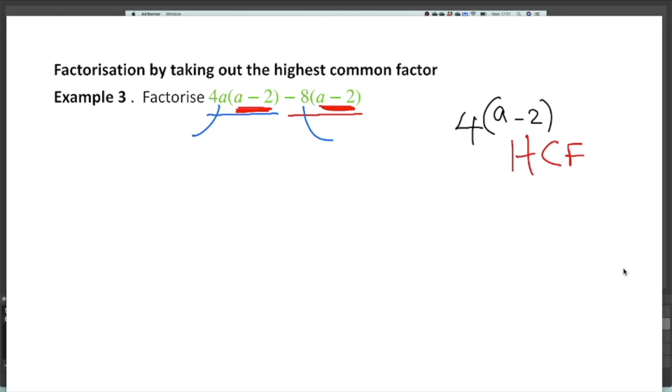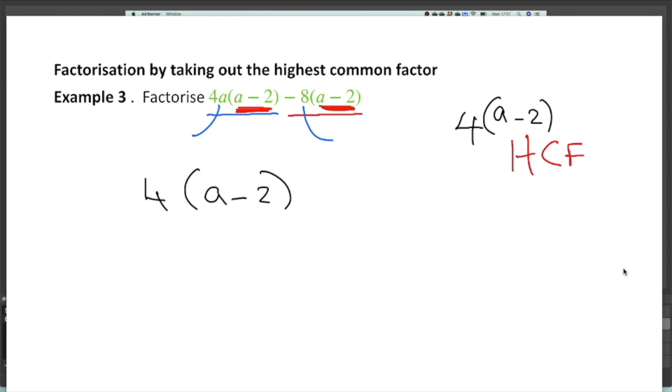So first of all, look for the highest common factor. Then write your highest common factor as it is out there. Now, this is one factor. You now need to find the other factor. Now, to find the other factor, you need to divide. Divide everything by the highest common factor.